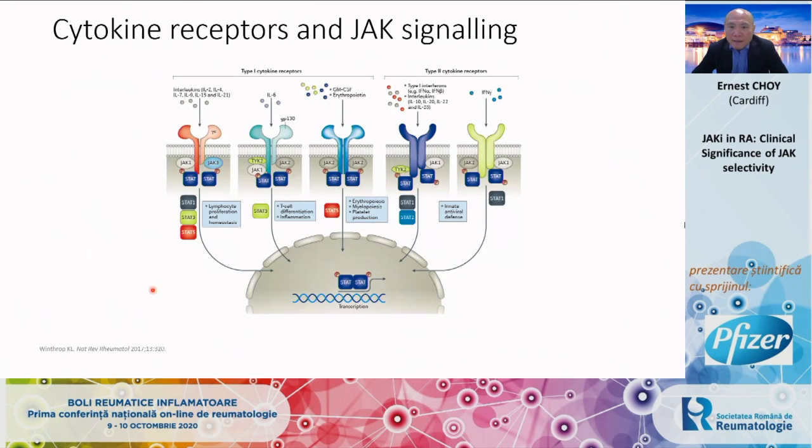The other thing that I want to highlight, which differentiates JAK-STAT inhibition from inhibition of cytokines by monoclonal antibody, is that the JAK-STAT pathways are very important not only in immunity and protection against infection.